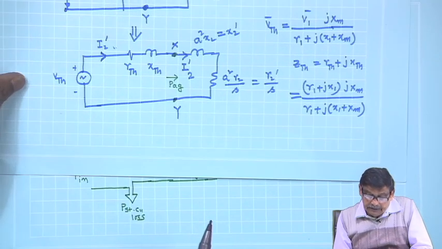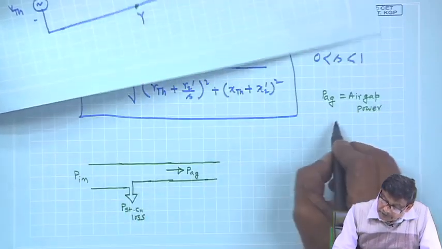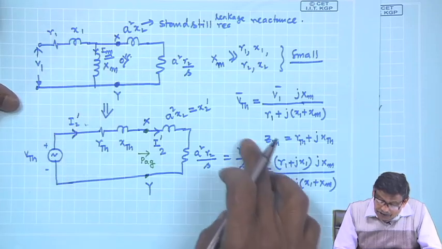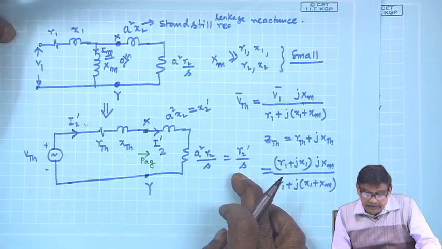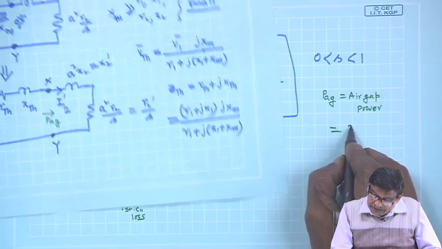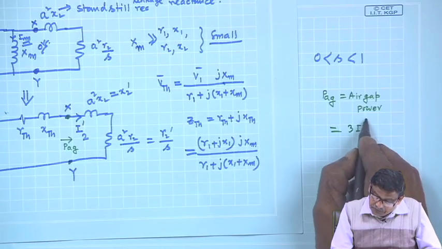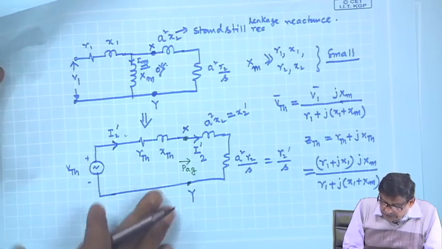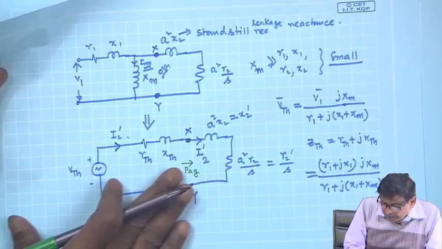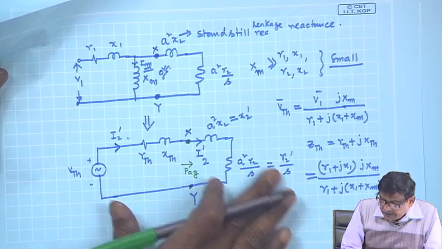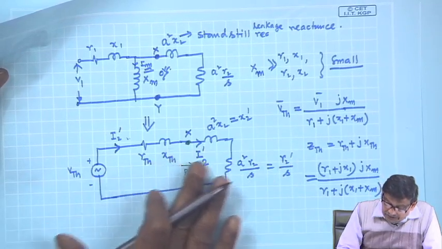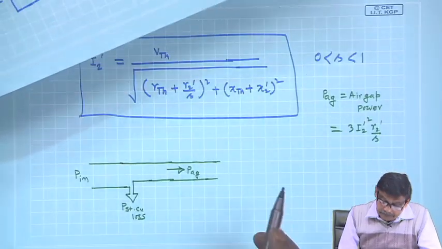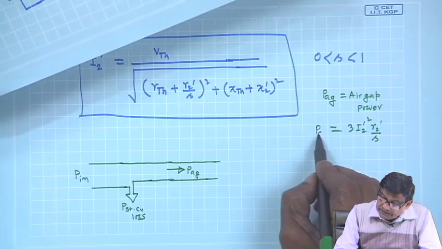And this air gap power must be equal to the power in R 2 dash by S. That is, it will be nothing but 3 I 2 dash squared into R 2 dash by S. It has to be, because in this circuit real power, kilowatt, the only resistance is R 2 dash by S. So, this current square I 2 dash square into R 2 dash by S is the air gap power. So, PAG is this.